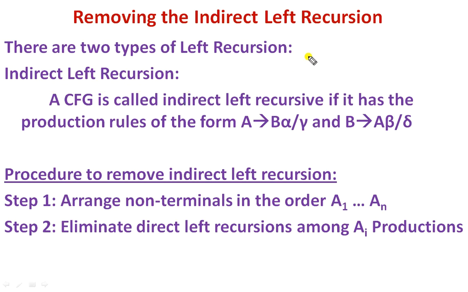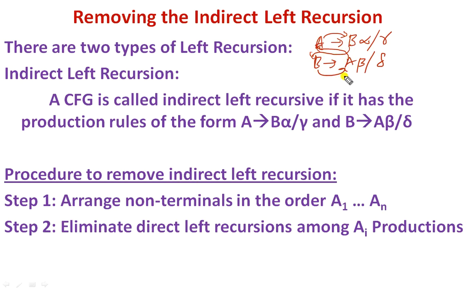First of all, let us see what is indirect left recursion. Assume that there is a production rule such as A generates B alpha or gamma, and B generates A beta or delta. Then if you observe here, A generates B and B generates A. So there will be a cycle formation here and no useful productions will be generated.